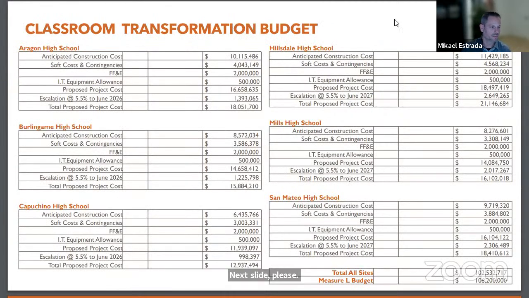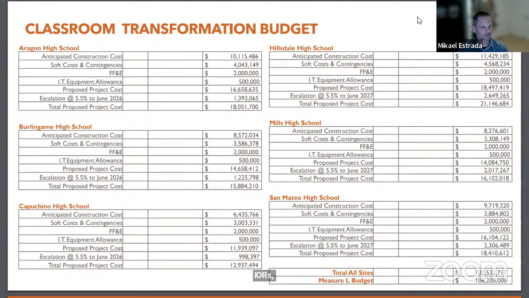And then moving into budget, we've got Aragon, Burlingame, and Capuchino again set for 2026. The anticipated construction costs are what we're going to be putting forth towards the contractor. Soft costs and contingencies are your IORs, inspector of records.